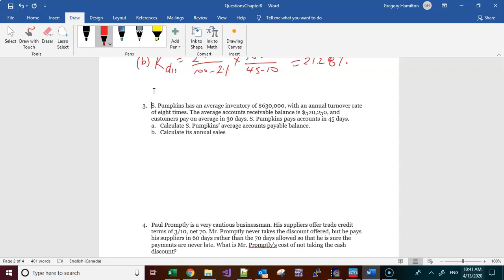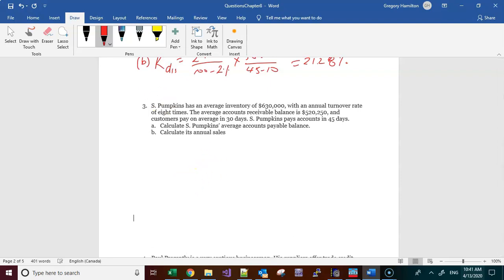Calculate S. Pumpkin's average accounts payable. So the first thing we're going to do is to calculate the average accounts payable.